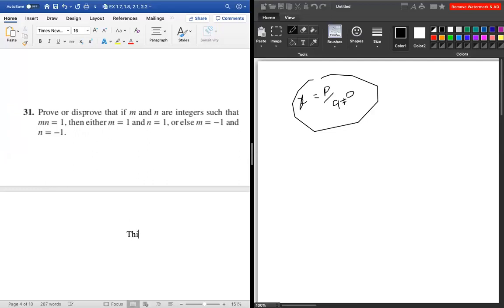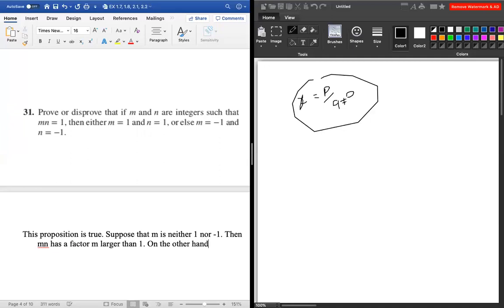So we know that this proposition's truth value is true. And how? We can suppose that m is neither 1 nor minus 1. Then we know that mn has a factor m larger than 1.